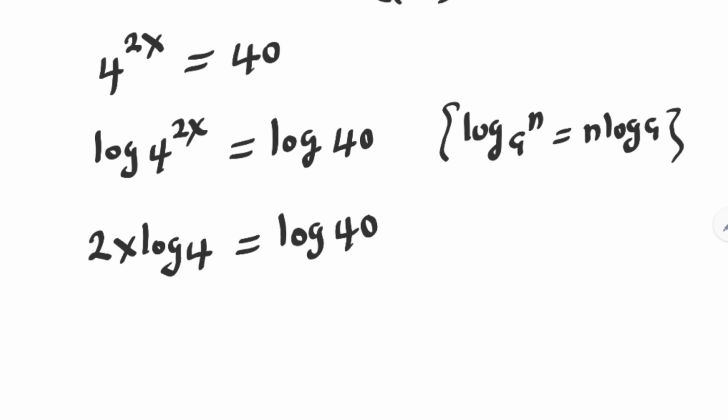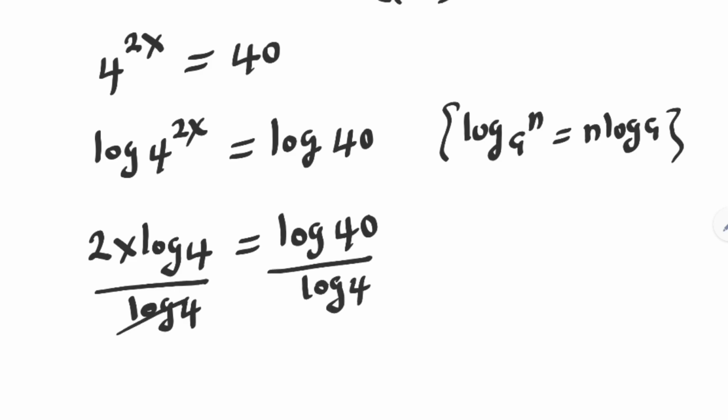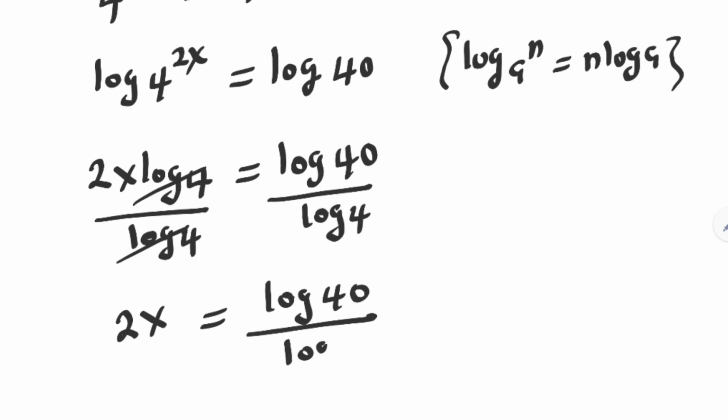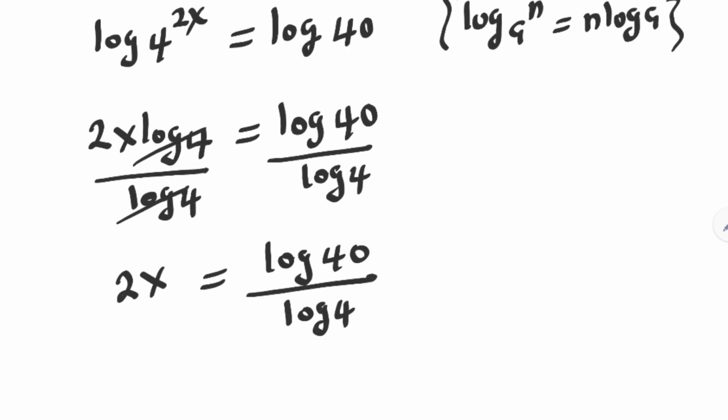Let us divide the whole of this equation by log 4. This divided by log 4 and this divided by log 4. This log 4 cancels this log 4. 2x is equal to log 40 divided by log 4.